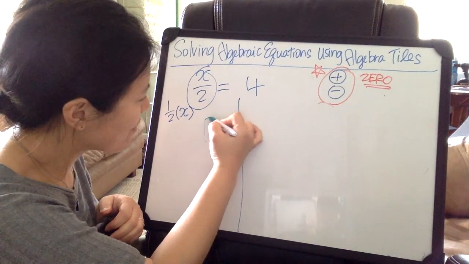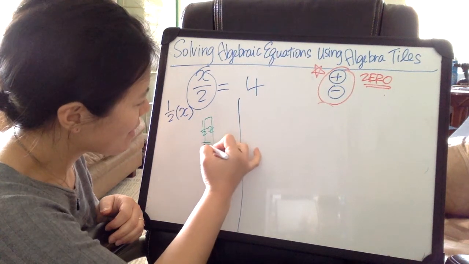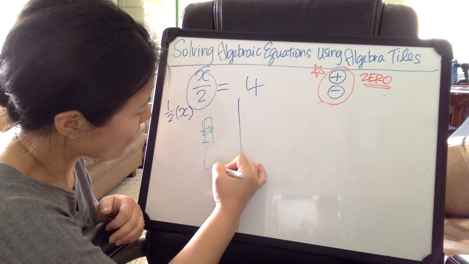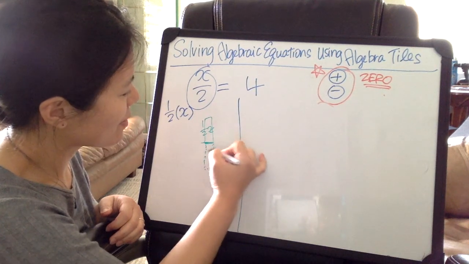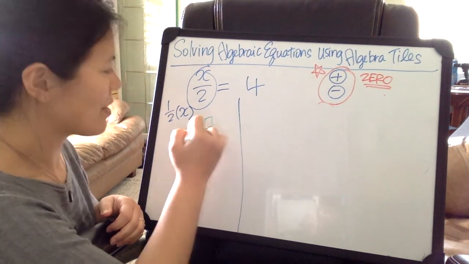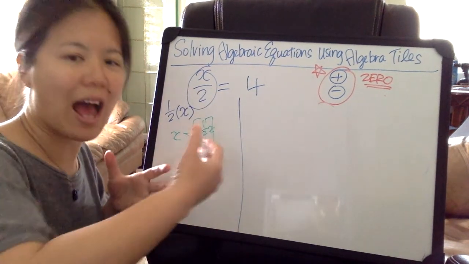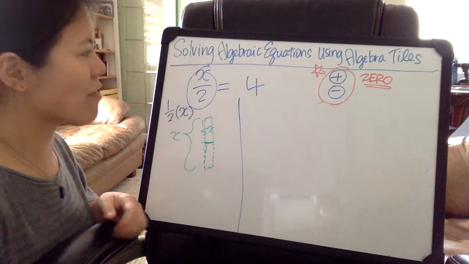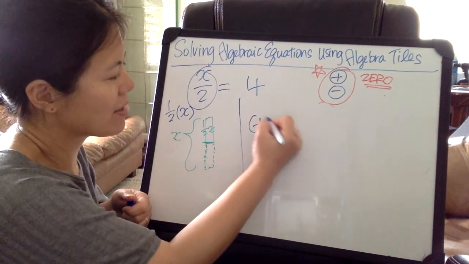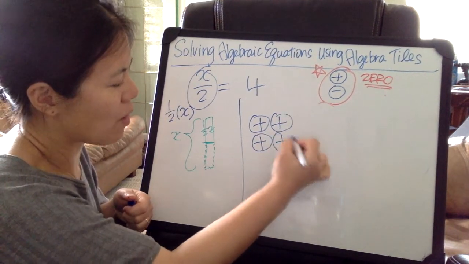I have half x, and I don't have the other half. This whole thing is x, but I don't have the whole x. I only have half of it. And on the other side, I have 4: 1, 2, 3, 4.